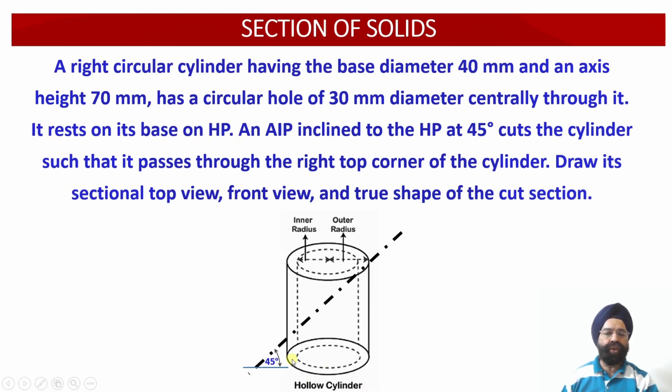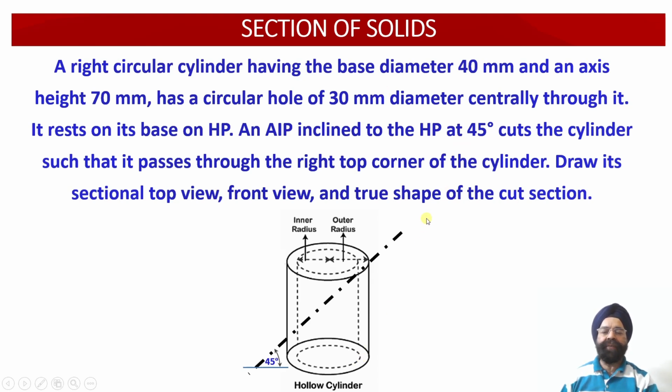So this is the hollow cylinder in which the outer diameter is 40 millimeter while the inner diameter is 30 millimeter, and this cylinder is standing upright on its base on the horizontal plane.